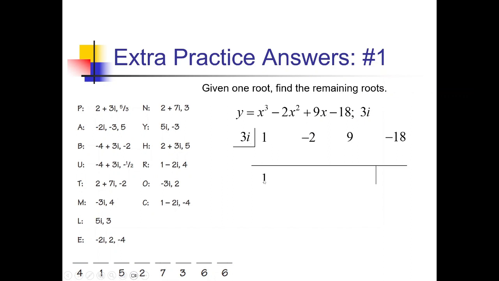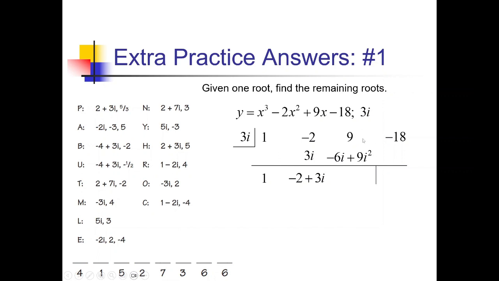So we bring down our 1, times 3i gives us 3i. Now i's and real numbers are not like terms, so I can't actually combine these. I have to write the sum of these two as -2 plus 3i. Next, I've got 3i times this. That's going to be -6i plus 9i squared. 9i squared is really -9.